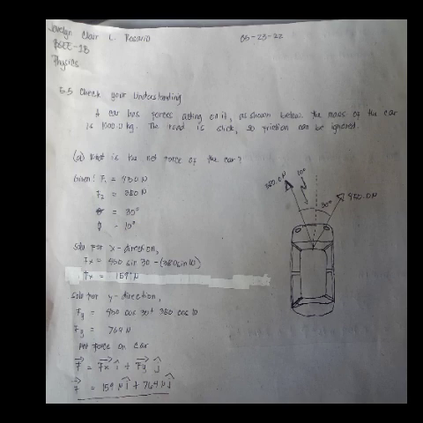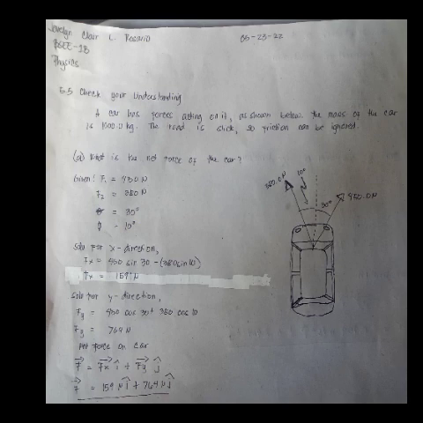Fx is equal to 450 sin 30 minus 380 sin 10. Fx equals 159 N. Solve for y direction. Fy equals 450 cos 30 plus 380 cos 10.